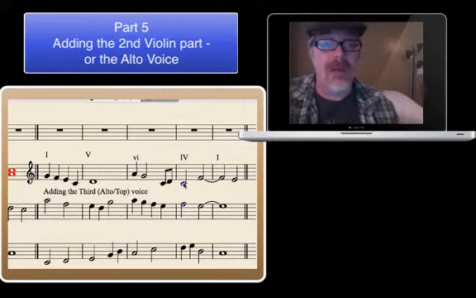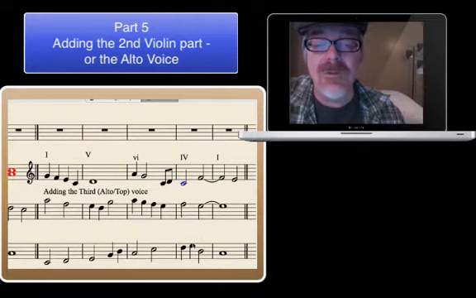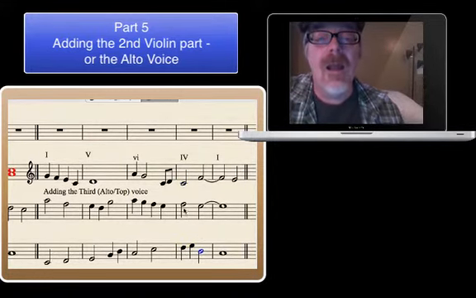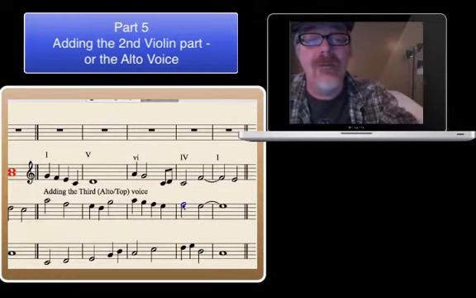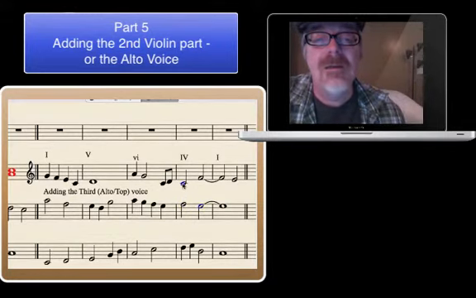So first beat, I'm going to put a C here. I decided since the bass voice was moving like this, I would key off of the tenor voice, and the tenor voice is going down, so I made this voice go up, C, to an F.